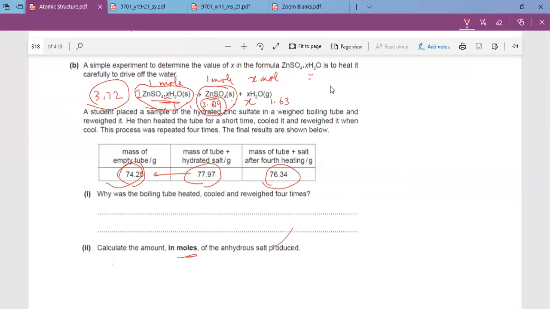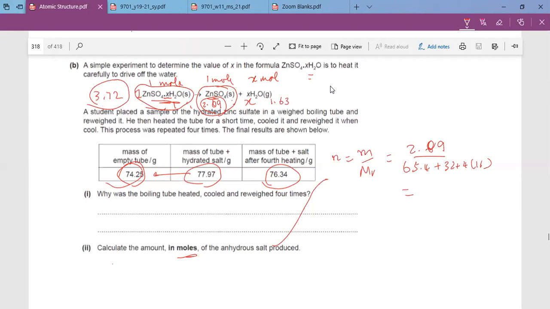We'll do it here, just in case. The number of moles of anhydrous salt is the mass over MR. So the mass is 2.09, not 2.69, 2.09, over the MR of this one, which is very simple: zinc is 65.4 plus 32 plus 4 times 16.